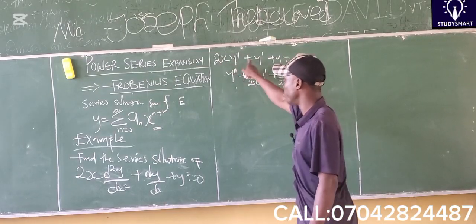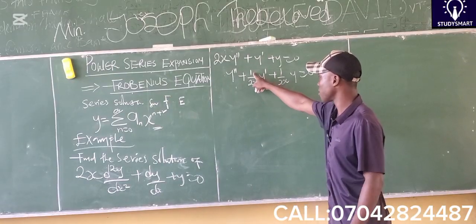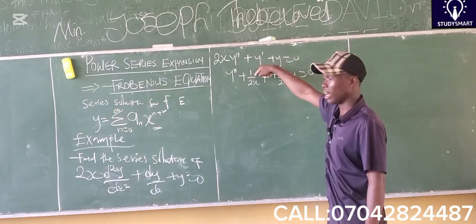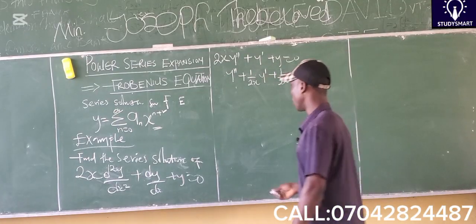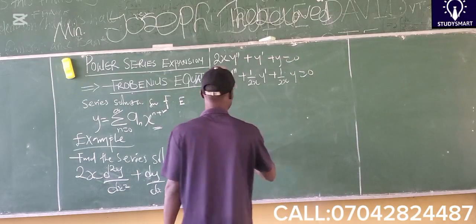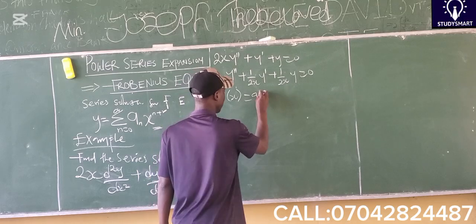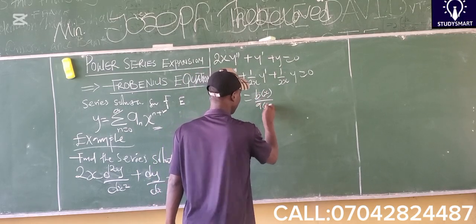So this is my a of x, b of x, and then c of x. My a of x here is 2x, my b of x is 1, my c of x here is 1, and my a of x here is 2x. Following the condition I gave you, when testing, you have p of x equal to b of x over a of x.